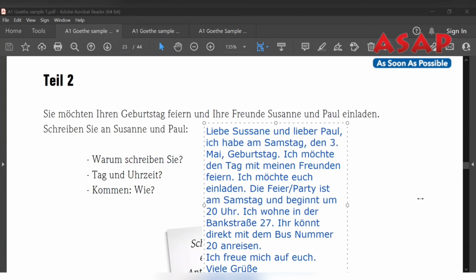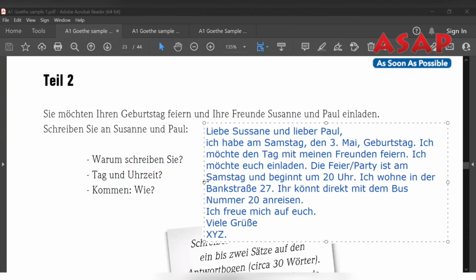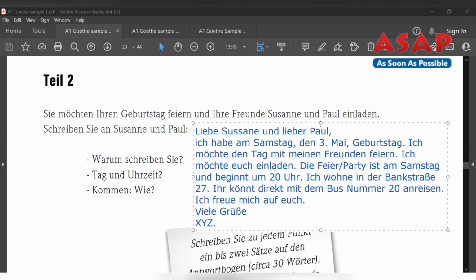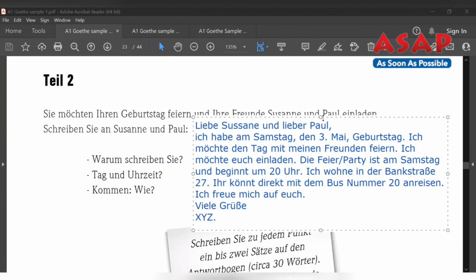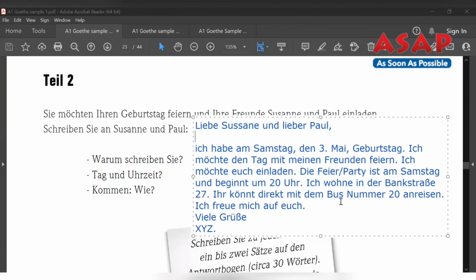Okay, here I have got the text. We'll discuss one by one line what I have written and how I have written. Now in this you can see how much I have written.